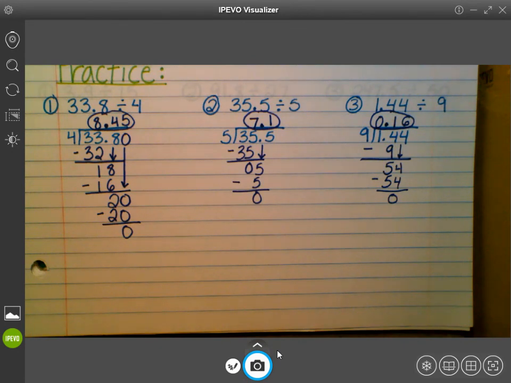I'm going to say it one more time. You should have circled number 2, number 7, number 10, number 14, and number 16.